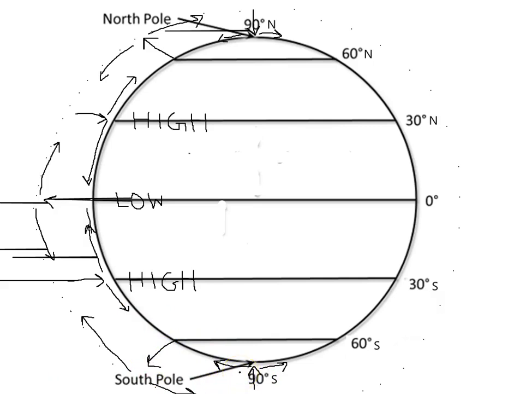Now we're going to move on and talk about the climate that gets created in those areas. Let's start at the equator. We have a low pressure zone at the equator, which means that we have moist, warm air that's rising up. It gets up into the colder air. If you take water vapor and you cool it down, what's going to happen to it?